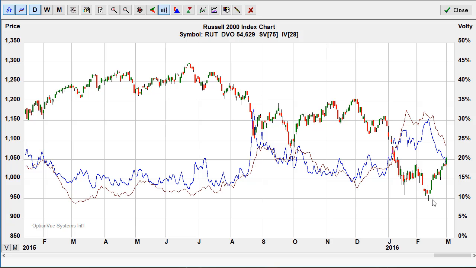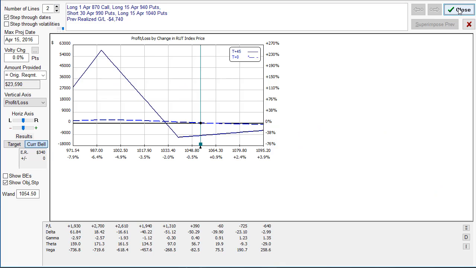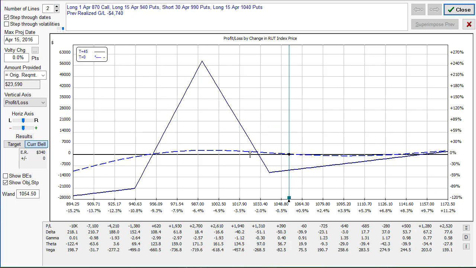The market has just moved from 950 to 1050, 100 points in just a short period of time, a couple of weeks, and yet here we are in danger of going underwater a little bit, but we have all this profit potential down here to the downside.